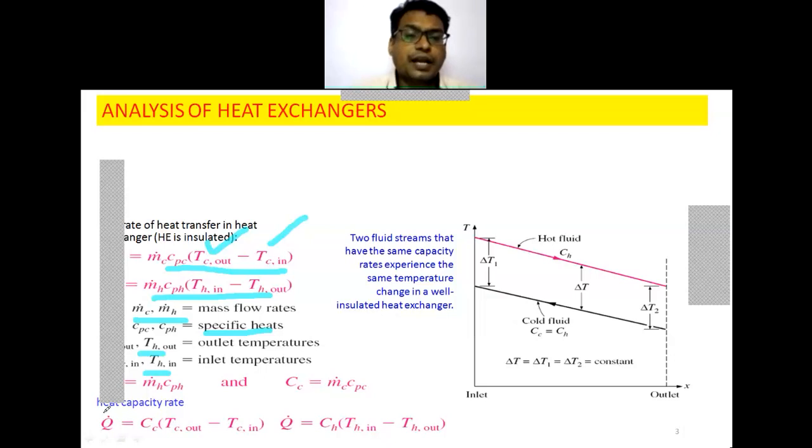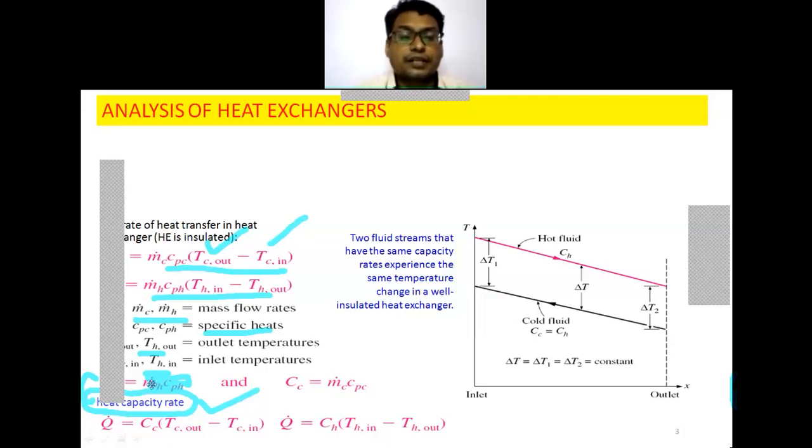Now the heat capacity rate, this is the new terminology that is required to understand the effectiveness NTU method. The capital Ch, remember that this is the capital Ch, is equal to the mass flow rate into the heat capacity, and this is called the heat capacity rate.